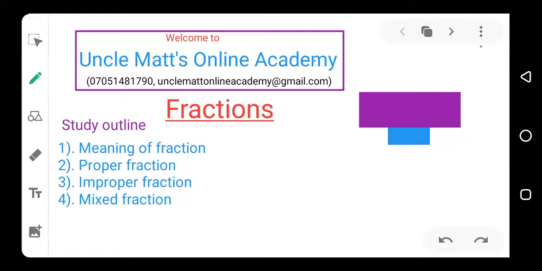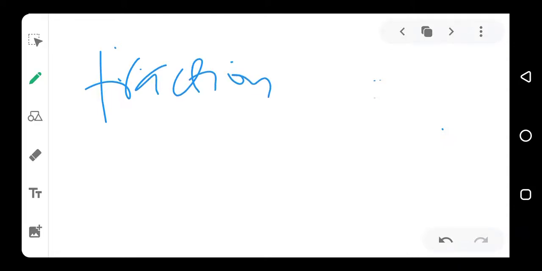Today we are going to learn how to convert fraction to percentage.